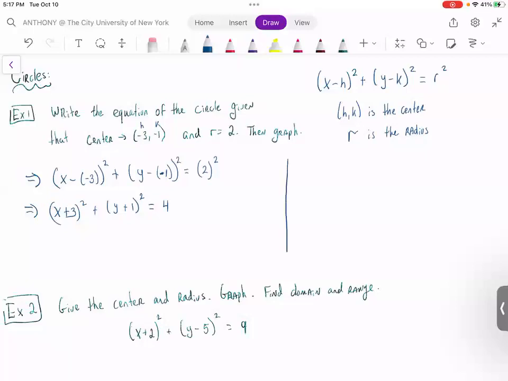Now we can make a small little graph that can contain our circle. So please note, my graph is not going to be drawn to scale. In fact, this might be a very horrible graph. Okay. So first thing is, you can plot your center point. Your center was given as -3, -1.